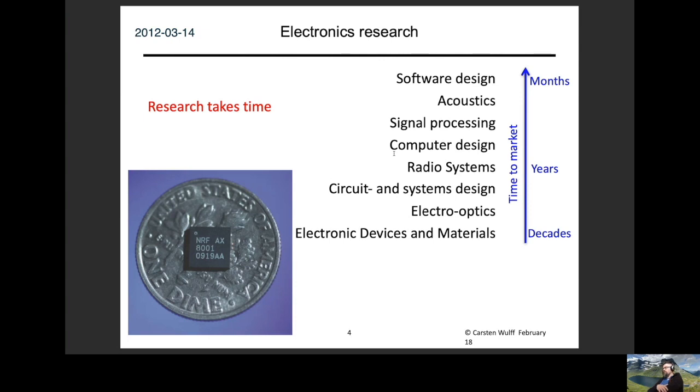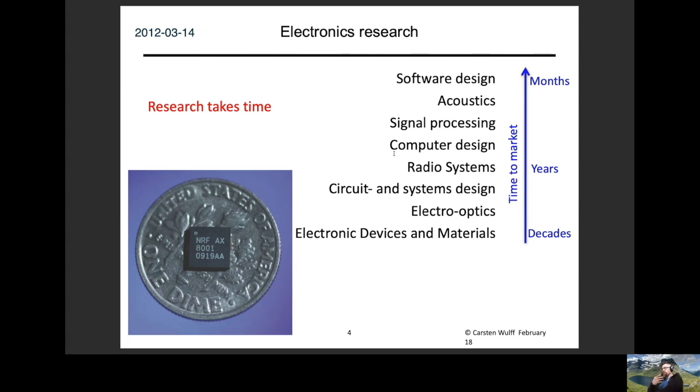So when you decide what to focus on within electronics, you should take a look inside your own personality and figure out what is it really that you want to work on, and how fast do you need feedback? How fast do you need to see what you've made? How fast do you need to get recognition for the work that you've done?